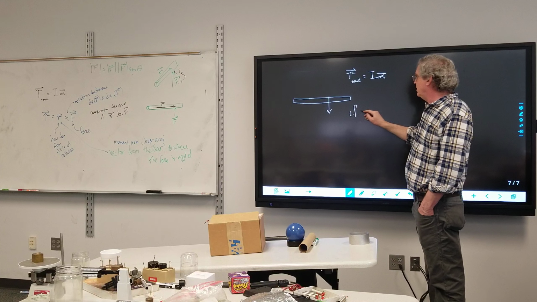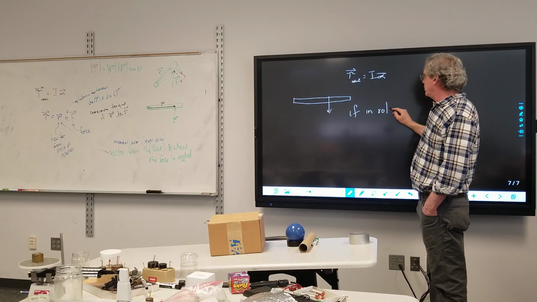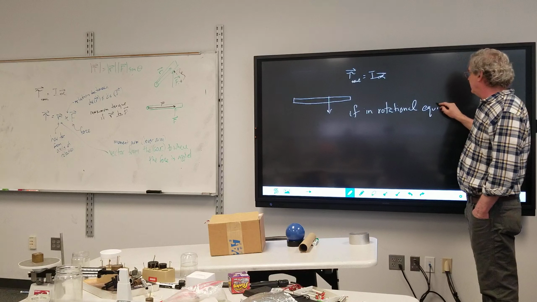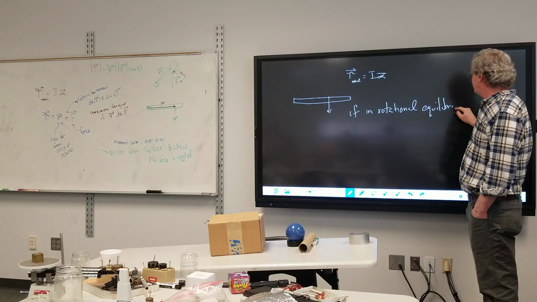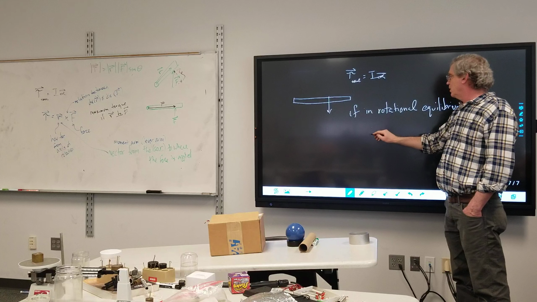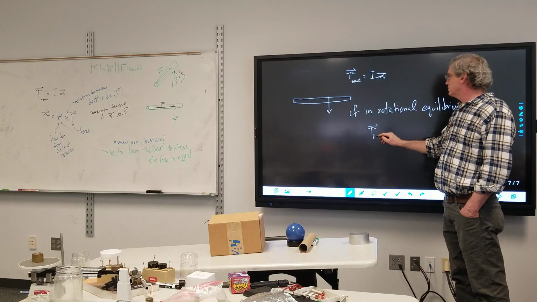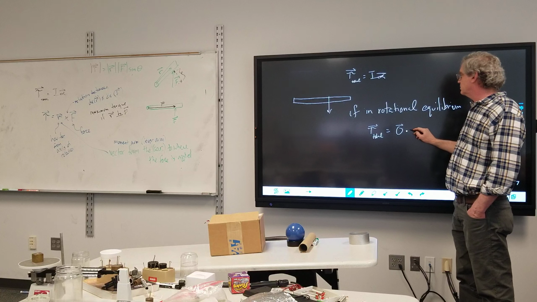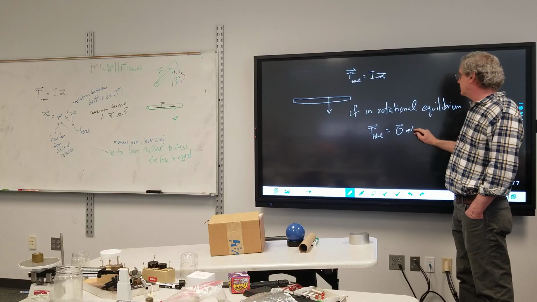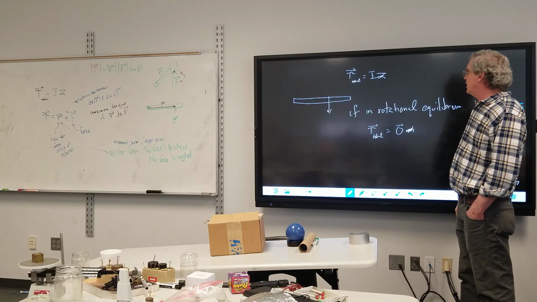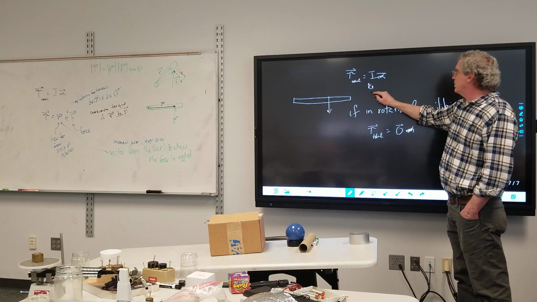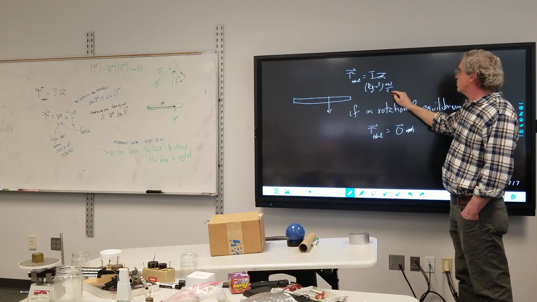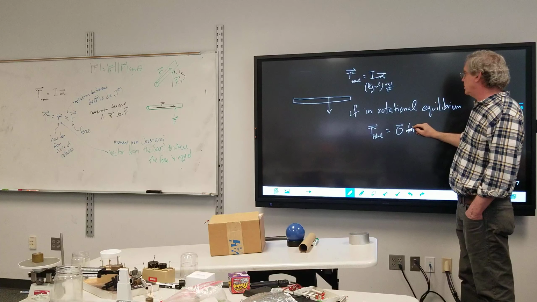So if in rotational equilibrium, the total torque is equal to 0. And that would be, see, this is kilogram meters squared times radians per second squared. Oh, newton meters.